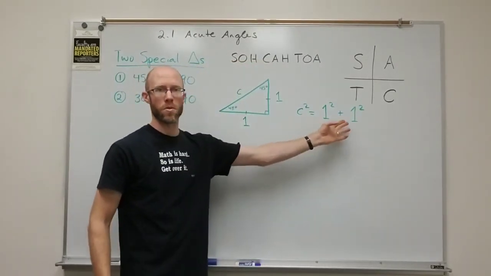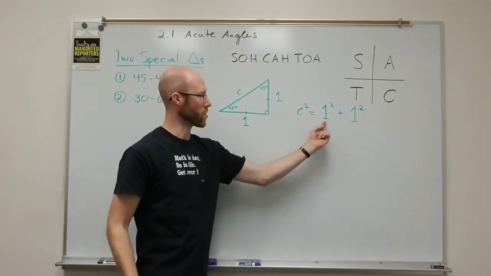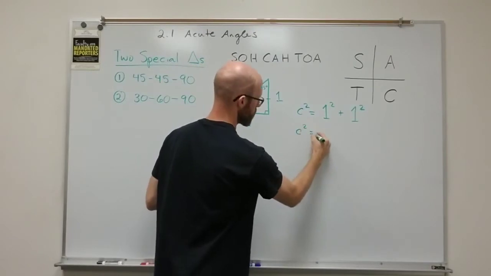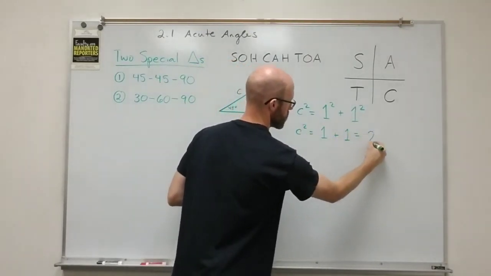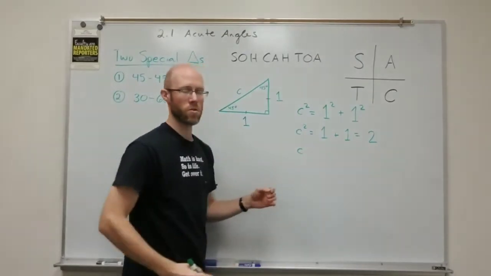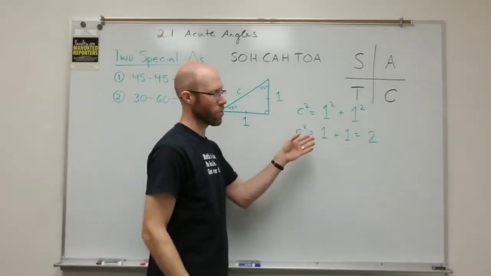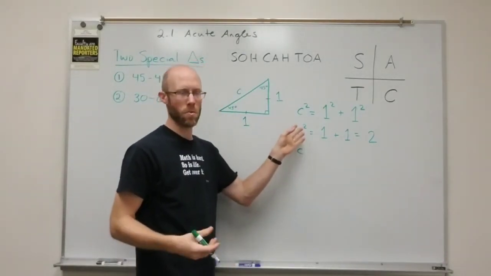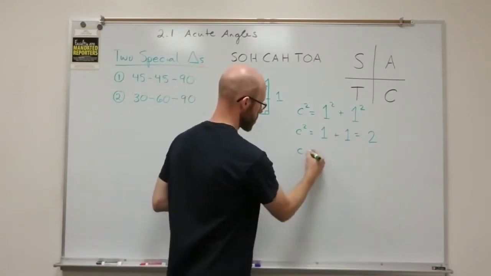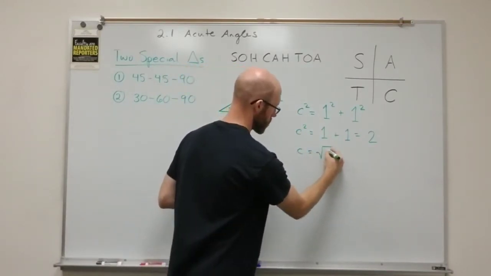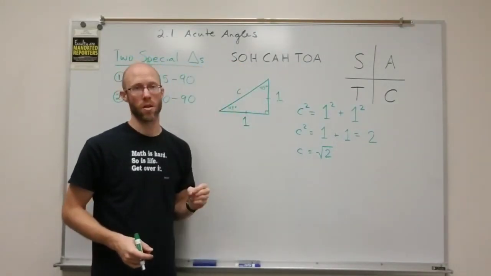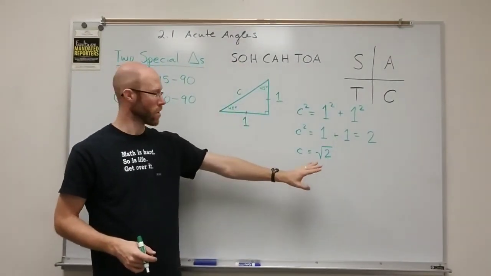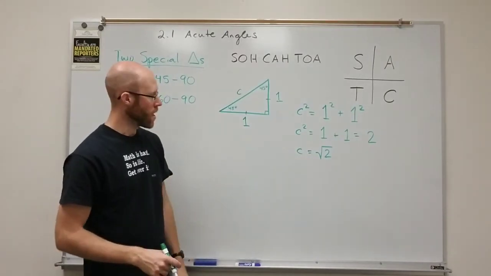And 1 squared plus 1 squared is 2, right? It's 1 plus 1. So c squared is 2. And of course, when you utilize the square root property, or taking the square root of both sides, you end up with a square root of 2. We're going to use the positive rather than the negative again because we're dealing with a hypotenuse here, so we don't really need the negative. So we get a square root of 2.